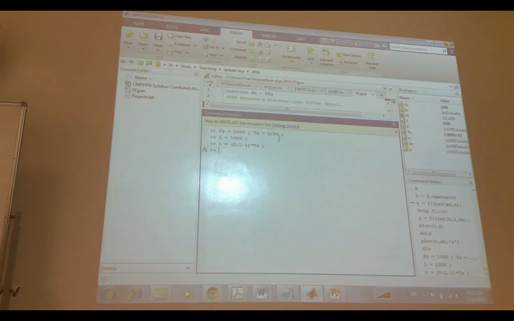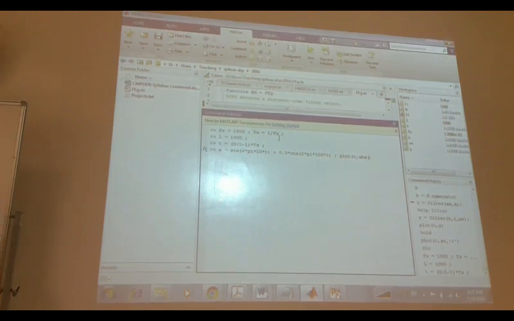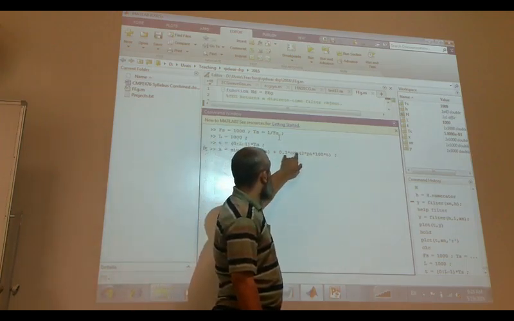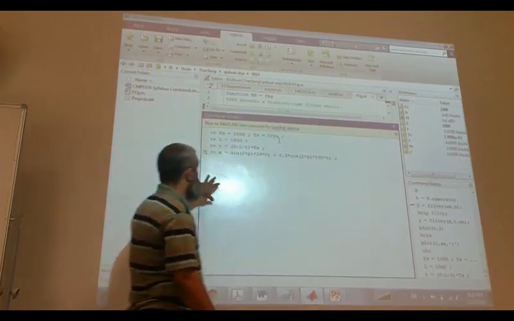Now we want to define a signal X. So the way I have defined it is here. I'm combining a sine wave and a weighted cosine wave of 2 different frequencies.